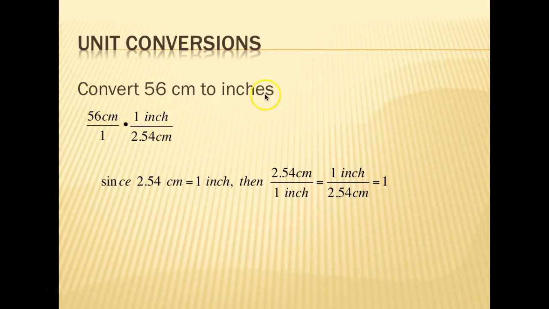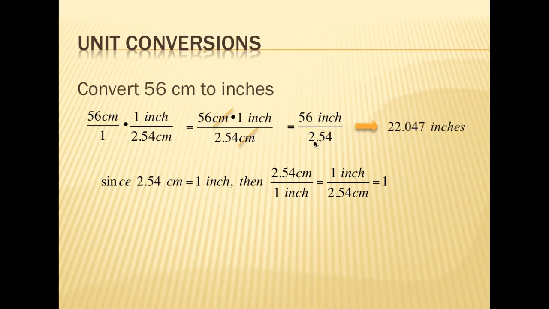And I'm just left with inches, which is what I want. And then the centimeters reduce. And then my answer is going to be 56 times 1 divided by 2.54. And I can divide 56 divided by 2.54. So 56 centimeters will be equal to 22.047 inches.